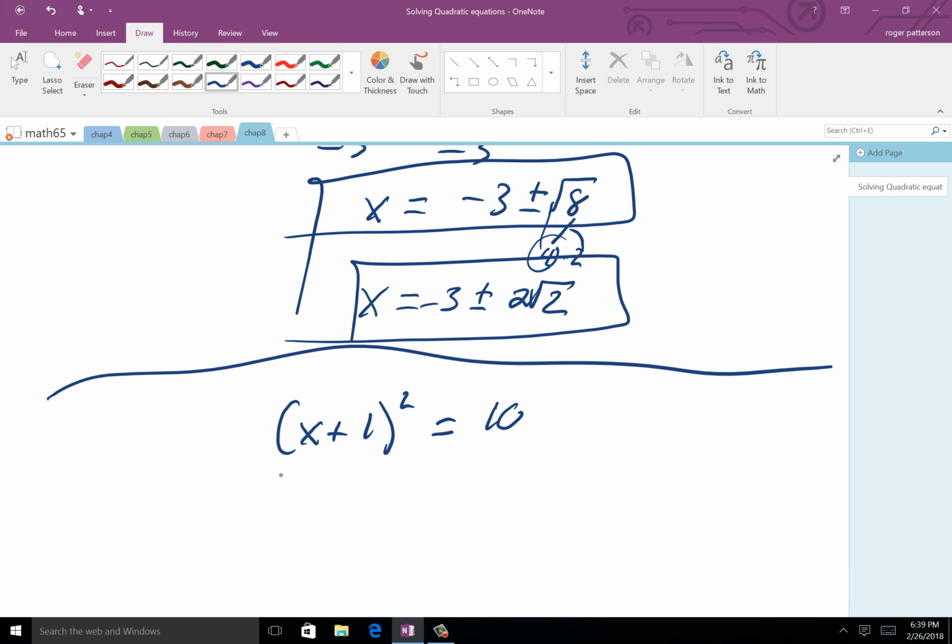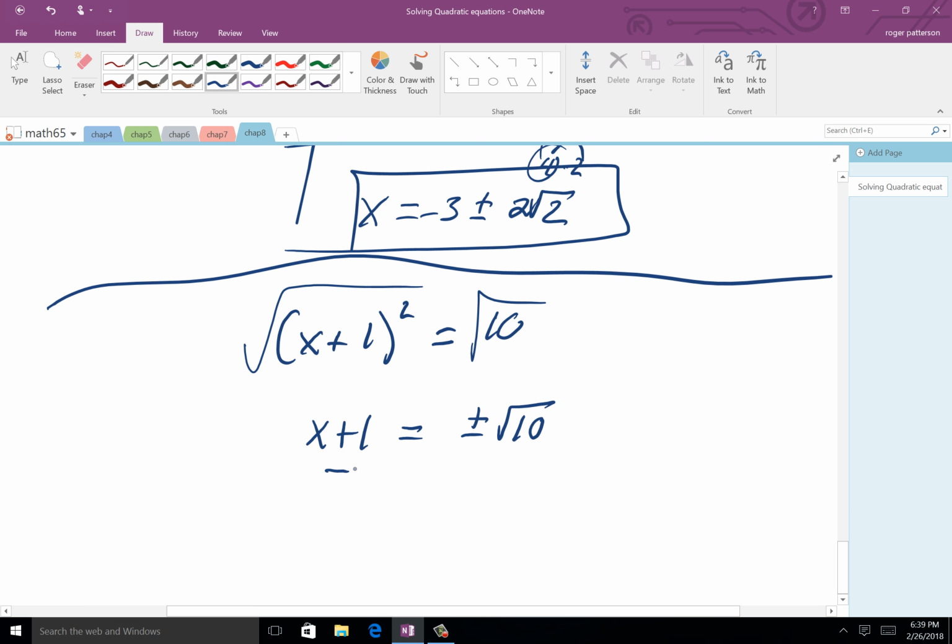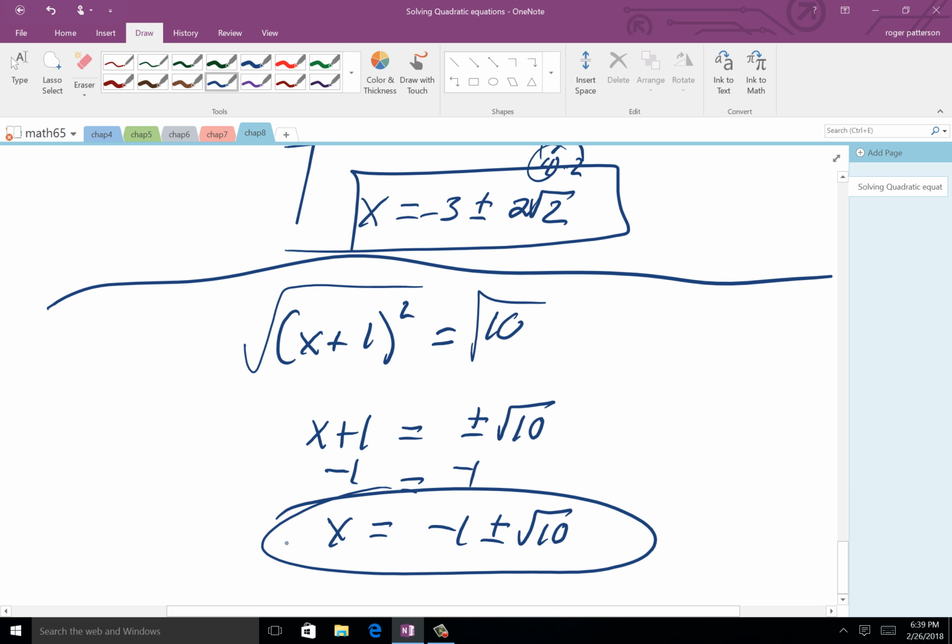So you can get rid of that square. And I think this isn't going to cause you a whole lot of problems. It's just a lot of times people will forget about the plus or minus. Okay.